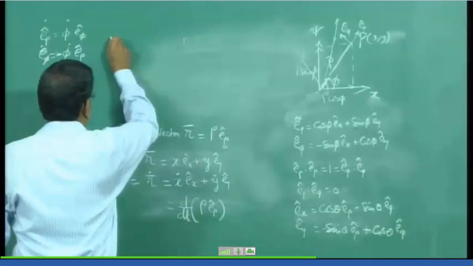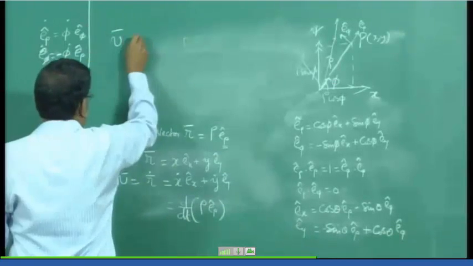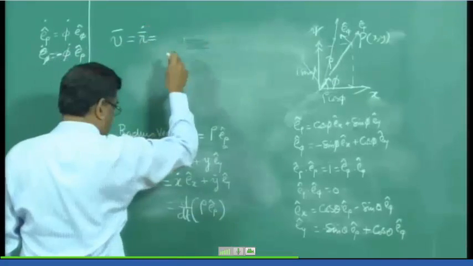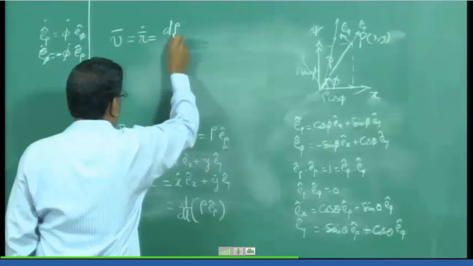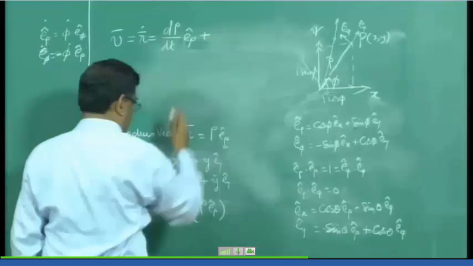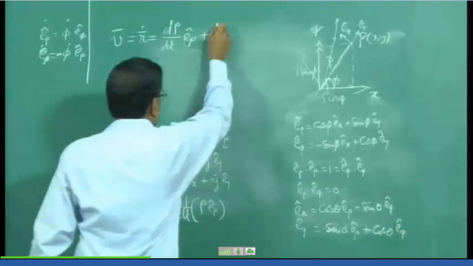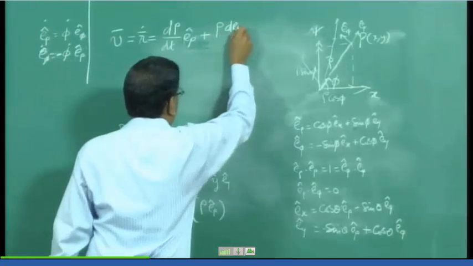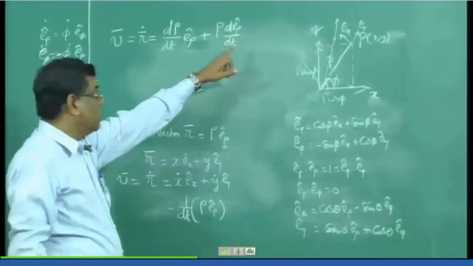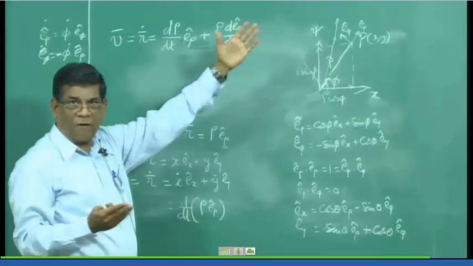If I do that, V is equal to r dot, which is, first, d rho by dt times e rho, plus rho times d e rho by dt, because e rho itself is a function of time.